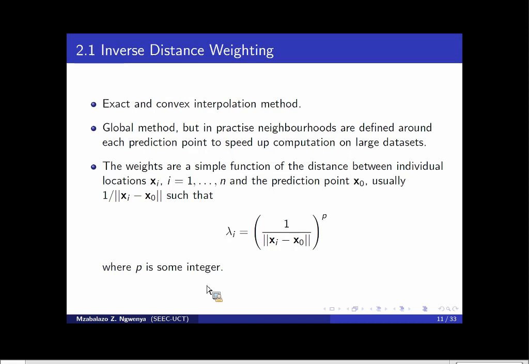We have said that IDW is a deterministic interpolation method, and besides being deterministic, it is an exact and convex interpolation method. The method is global, in that it uses all samples to make a prediction, but when it comes down to practice, if you've got a very large data set, say of 1,000 points, you do not want to use all 1,000 points to make a prediction when creating a map.